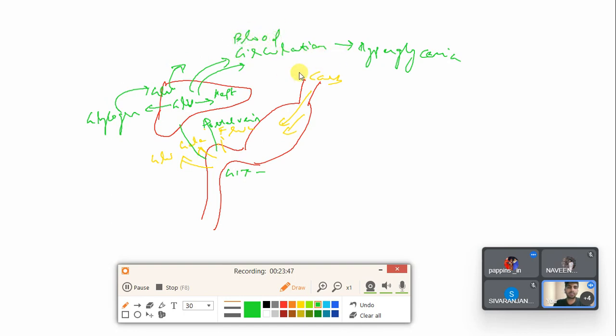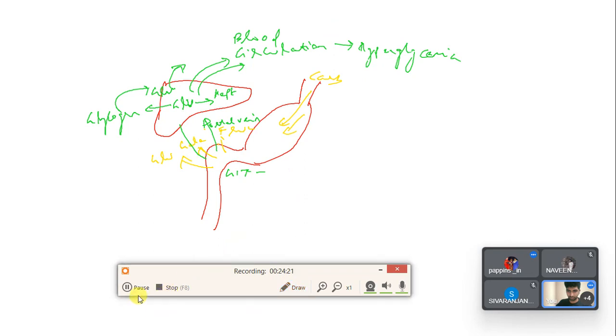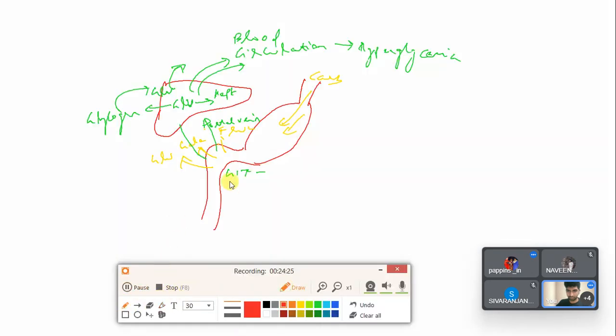And from this blood circulation, it goes to the interstitial fluid, and then to cells.